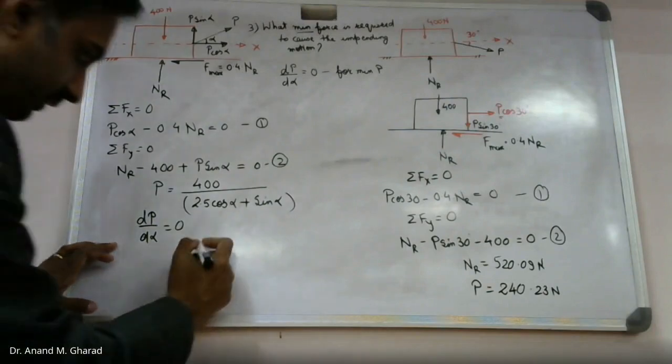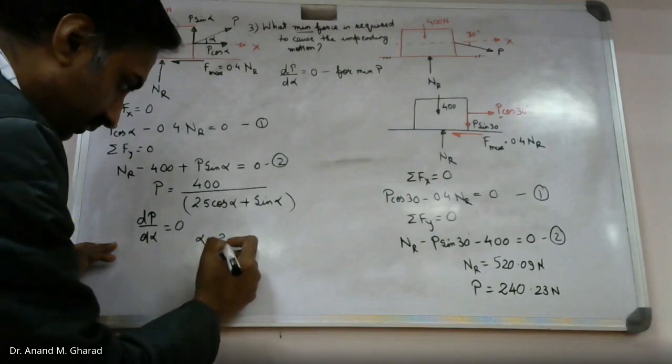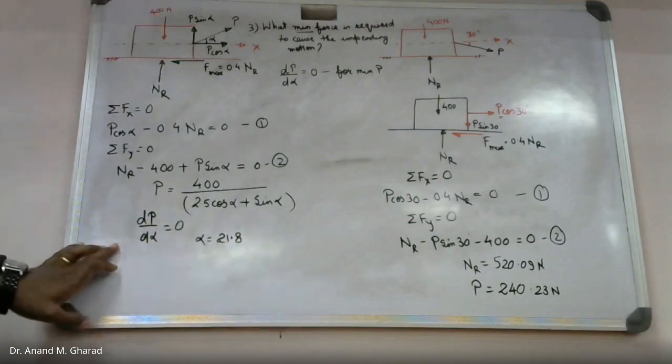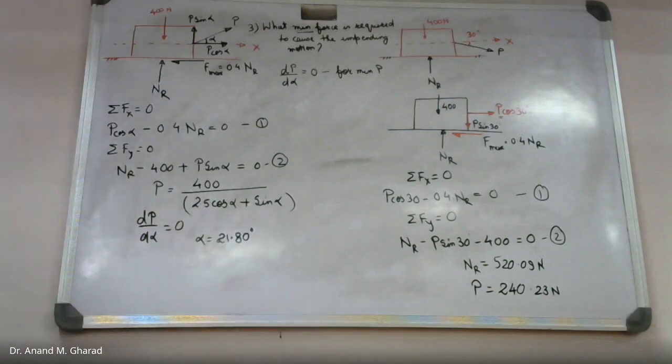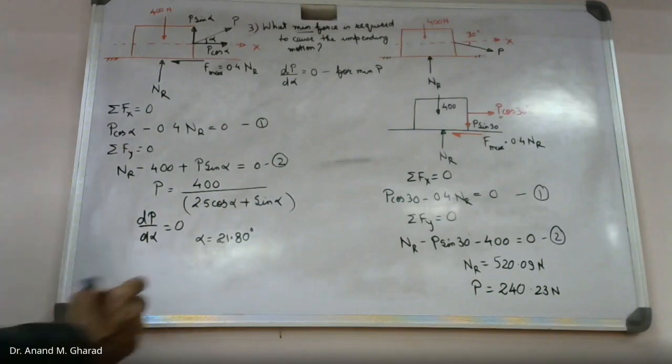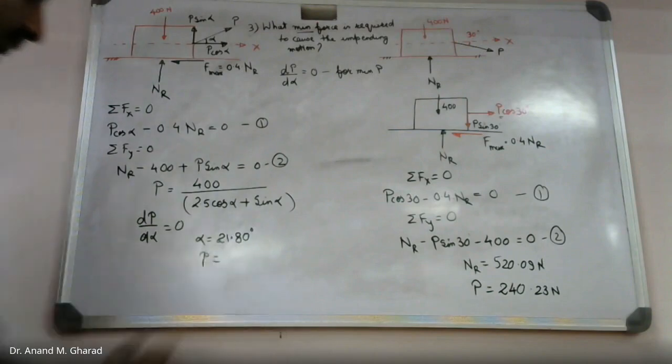From this, I am getting alpha value to be 21.80 degree. You can check it. And after calculating this alpha, you can calculate the P value.